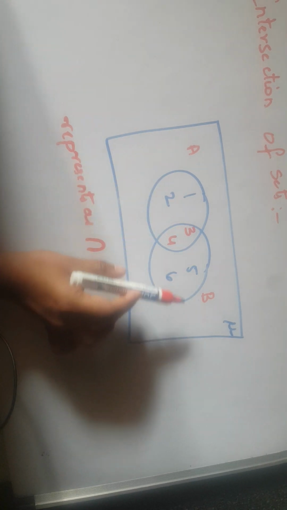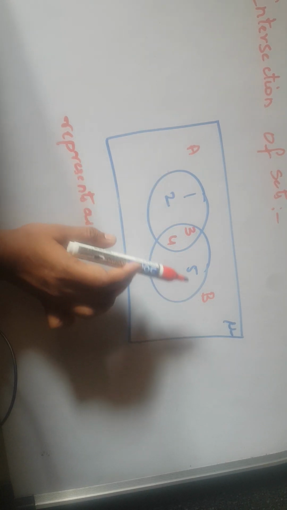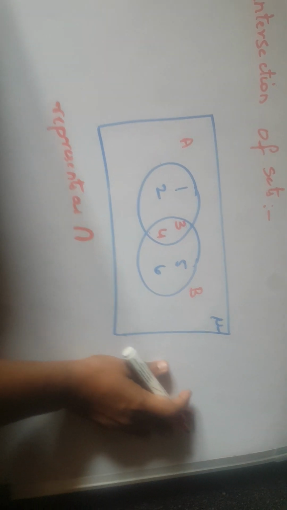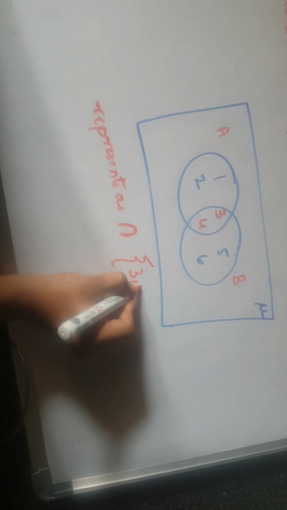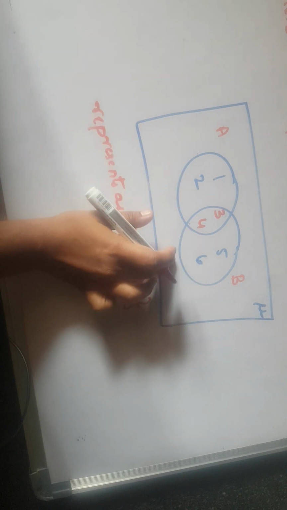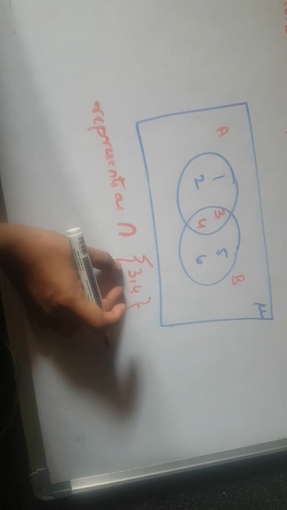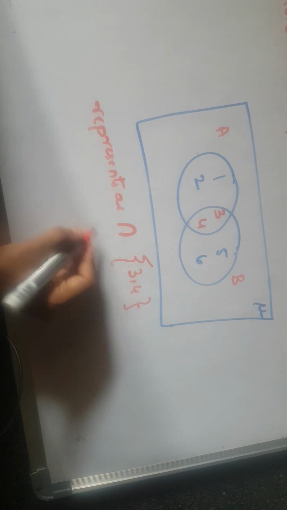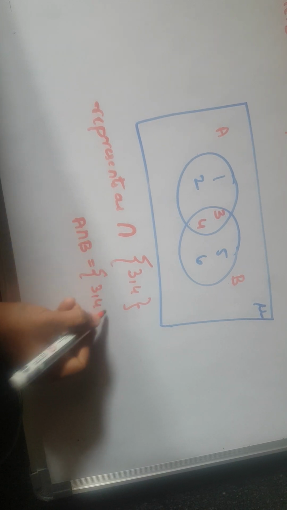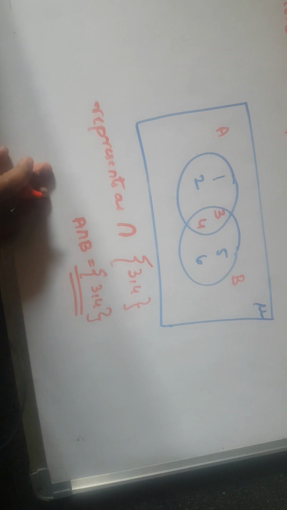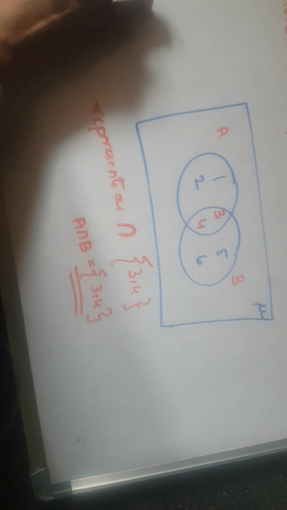The common elements between A and B are 3 and 4. 3 and 4 are common elements in both A and B. So these 3 and 4 are called A intersection B. This represents the common elements present in A and B.